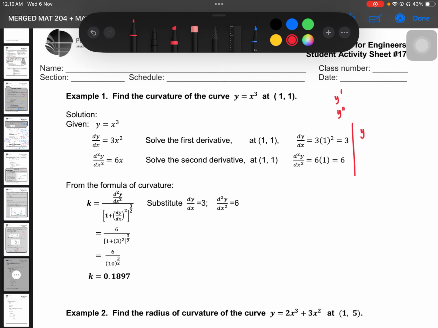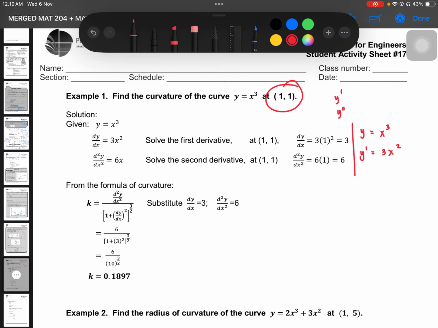So, we have y is equal to x cubed. So, y prime, first derivative, anong first derivative ng x cubed? It is 3x squared. Okay. Pero, nagbigay siya ng point. So, ibig sabihin, gagamitin natin siya. Okay? Kasi dito ang magiging sagot na natin is a real number.